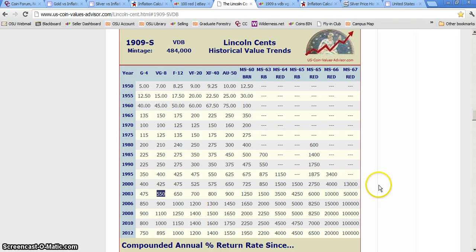Now let us take the same 1909 SVDB, and let's say in 2003 you actually invested in an MS65 in red brown. You paid $42.50 for it. Today you want to sell it. Will you make a return on your investment?